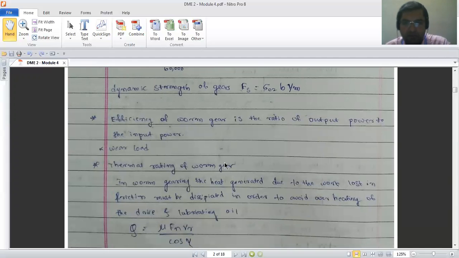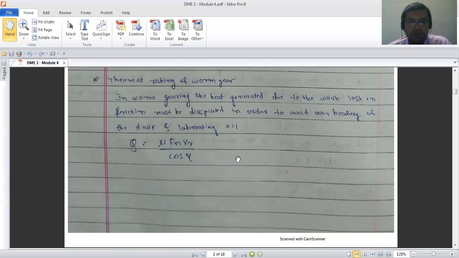The efficiency of a worm gear is the ratio of output power to the input power. That can be calculated when we know the power of input and output. The thermal rating of a worm gear is one of the important factors. That is, in worm gearing, the heat generated due to the work lost in the friction must be dissipated in order to avoid overheating of the drive and lubricating oil.